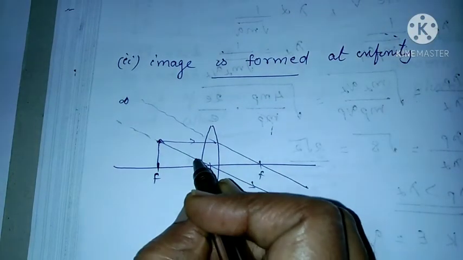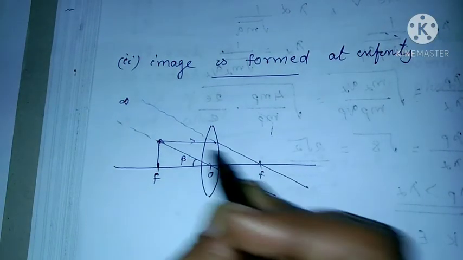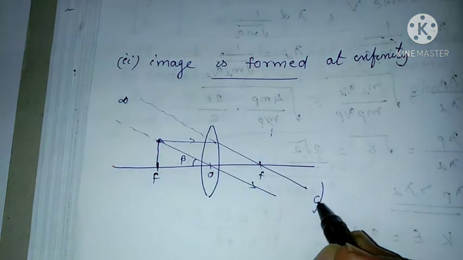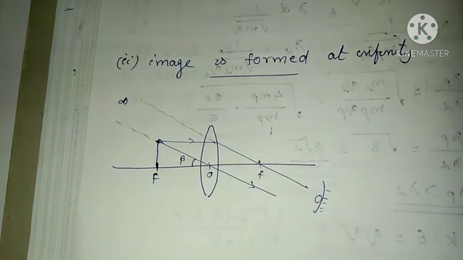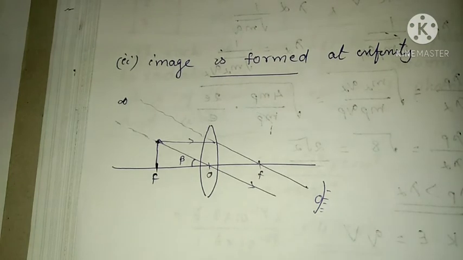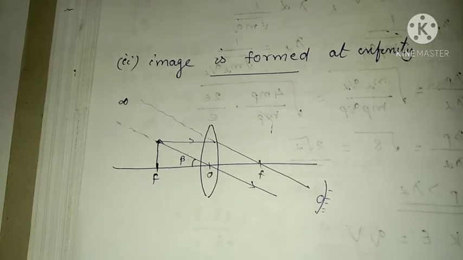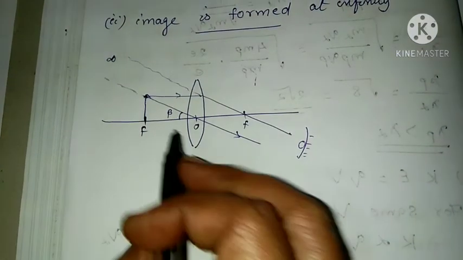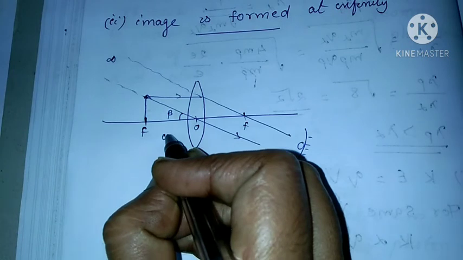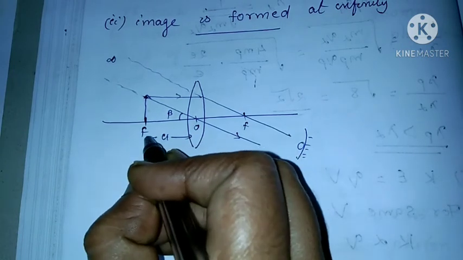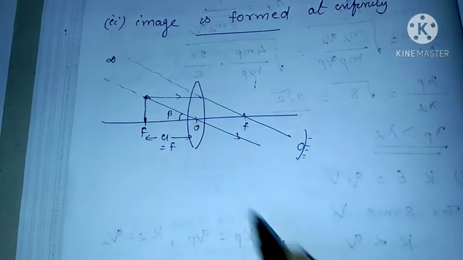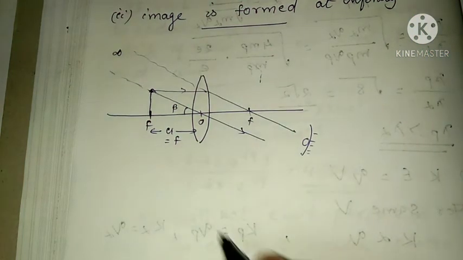So this is the angle subtended by the image with the eye, and the object is at the least distance of distinct vision, and we should draw the object angle separately like in the first figure. So here we want to find out the magnification. The object is at F, so the object distance U is equal to F. What is the general formula for the magnification?